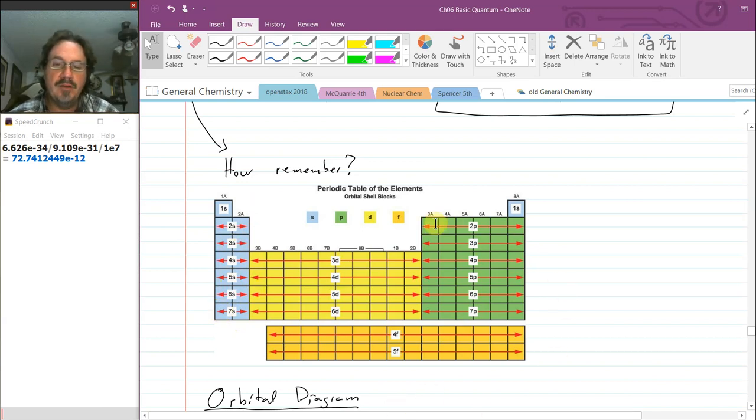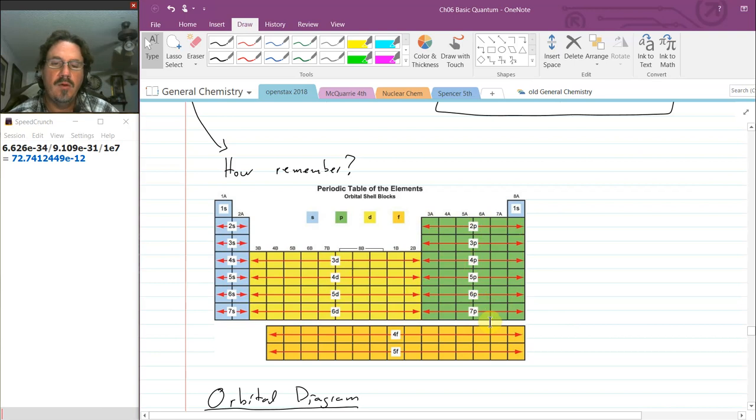Let's look at the p block, the green one here. What do p's start with? I don't have a 1p. Remember that only l goes up to n minus 1. I have a 2p. That's the first time I see my p orbitals, in the second energy level. And so if this is my p block, my first row will be the 2p row. And then the next one, 3p, 4p, 5p, etc., all the way down.